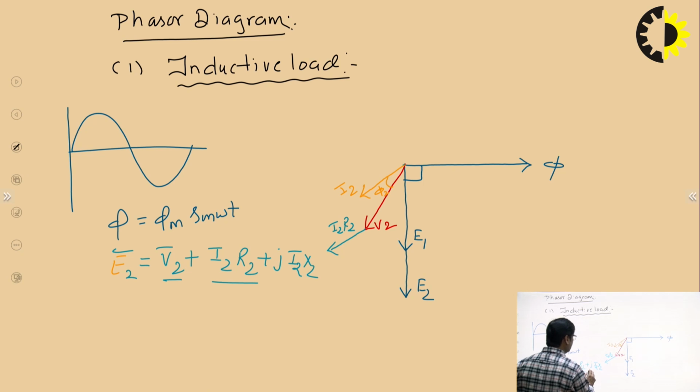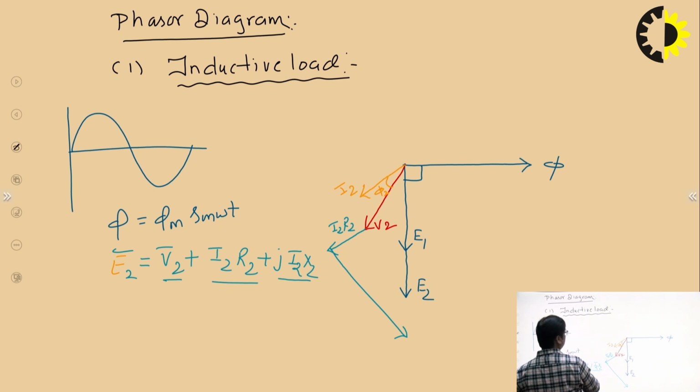Next is j I2 X2. This is the reactive drop, which is 90 degrees ahead of the current. So 90 degrees ahead, you can draw it like this.